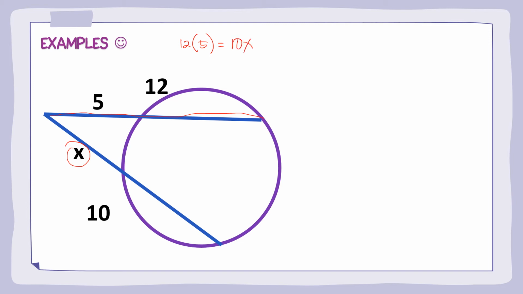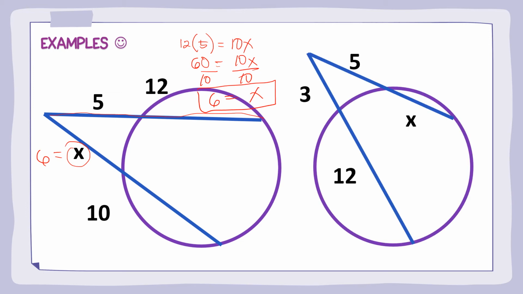Okay? So, if we have 12 times 5, which is 60, equals 10x. Yan. Therefore, x is equal to 6. The measurement of x is 6.